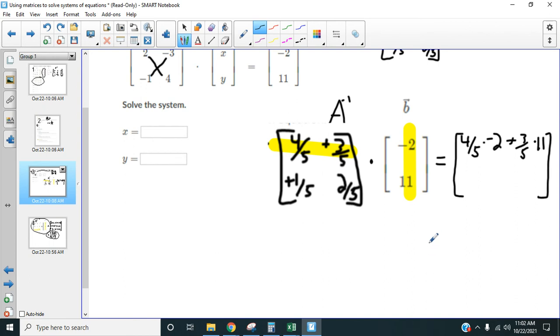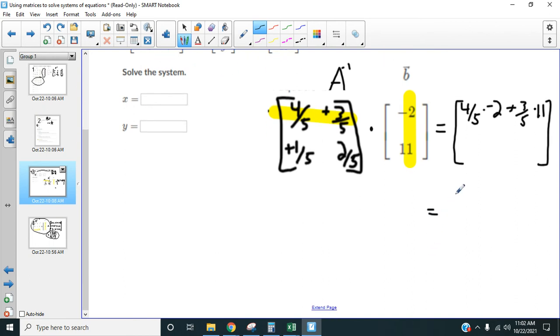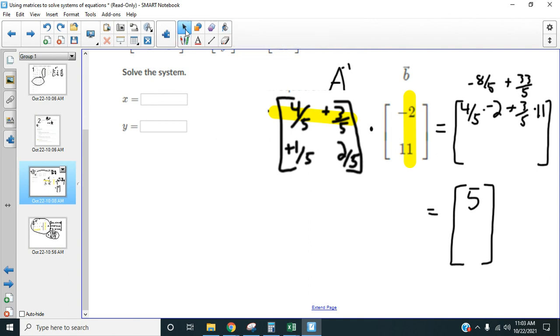So that's going to be -8/5 plus 33/5. You can combine those because they already have the same denominator. It'd be 25/5, wouldn't it? 25/5, which is 5. That's nice. Thank you, Con. Yeah, thanks, Con.